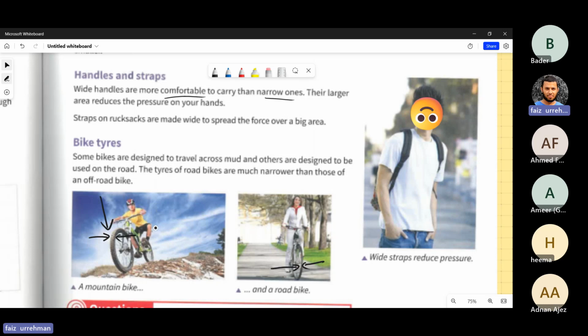Because if you have a thin tire there, it might not grip a lot. So look, the tires on a road bike are much narrower than those on an off-road bike. Here on the road, you have very narrow tires, but on the mountain bikes, you have wide tires.